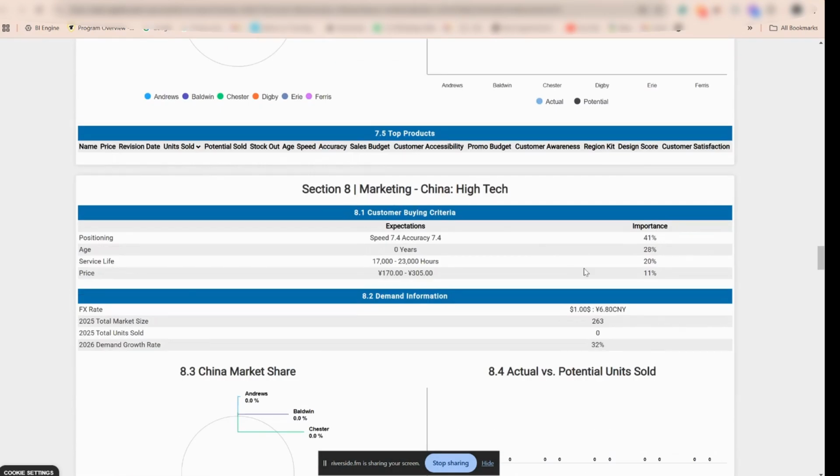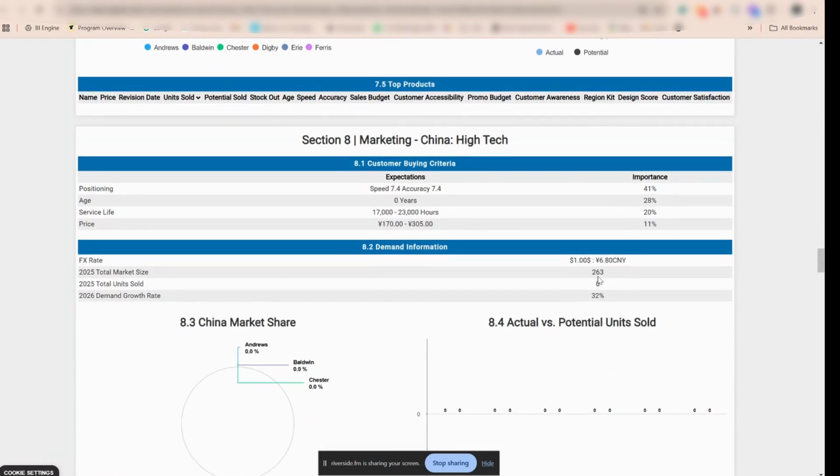Go to the high tech market in China, for instance. If you increase this by 32%, that will be the value in 2026. But note, we're planning for 2027 already. That's a strategy. So we're going to increase this by 32%, which is 347.